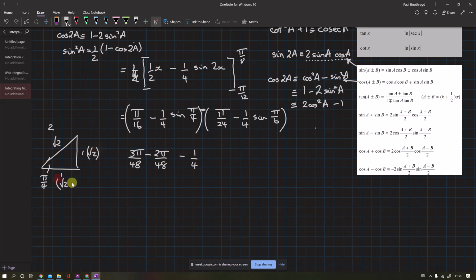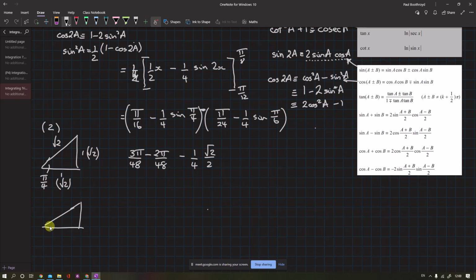Both sets of numbers are useful at different times. So sine of pi over 4 is opposite over hypotenuse, so I want the root 2 over 2 form. And then we've got pi over 6.